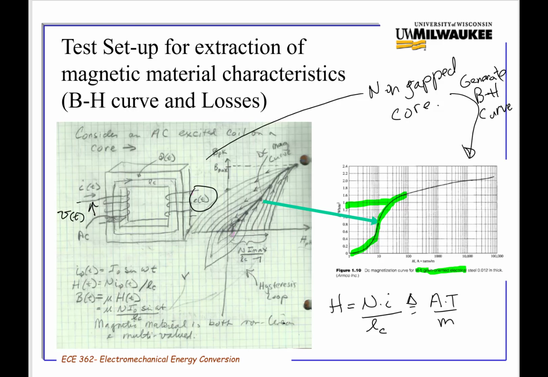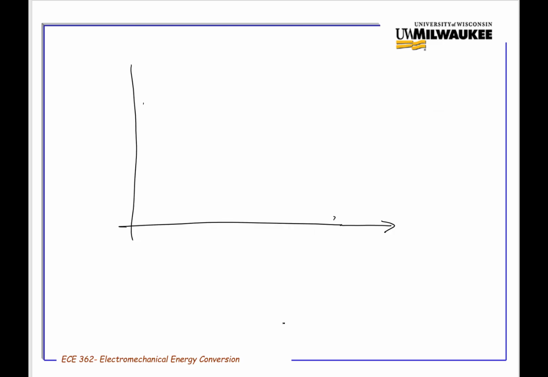To avoid that confusion, I'm going to draw it in a linear axis. If we have not hit the saturation point in the material, then it's a line.